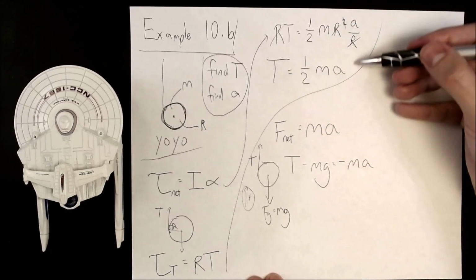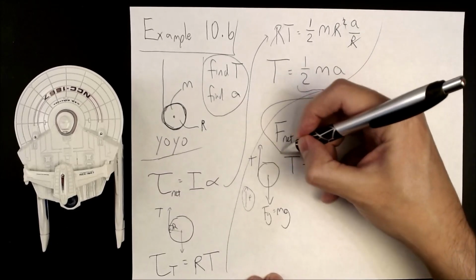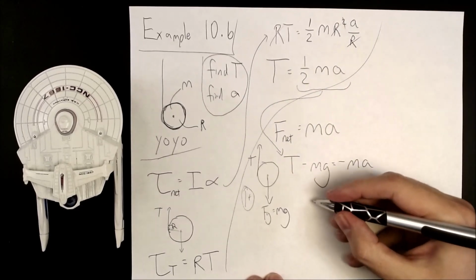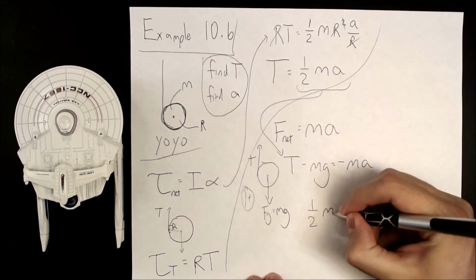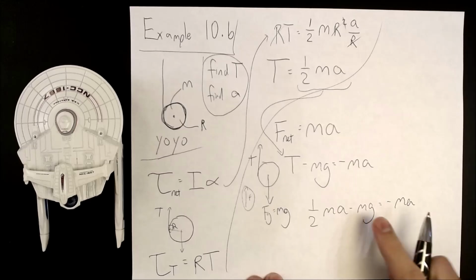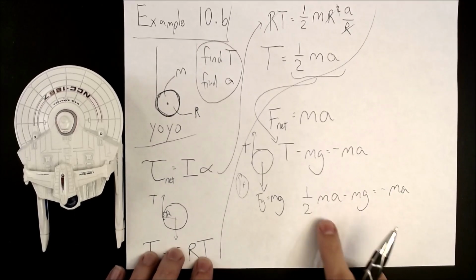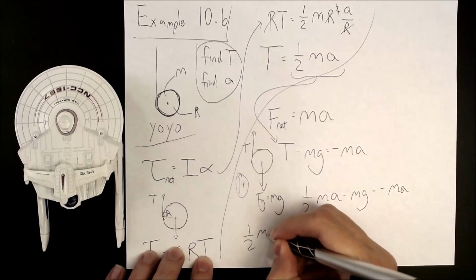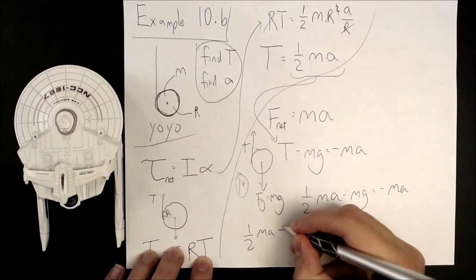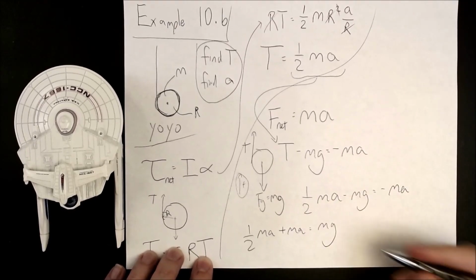We can plug this tension in there. So now we get 1/2 ma minus mg is equal to negative ma. We can solve for this and get 1/2 ma plus ma is equal to mg.